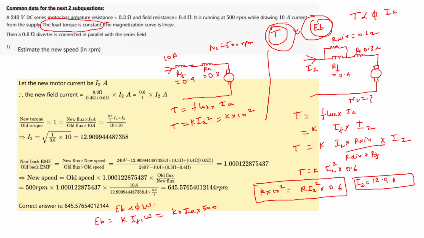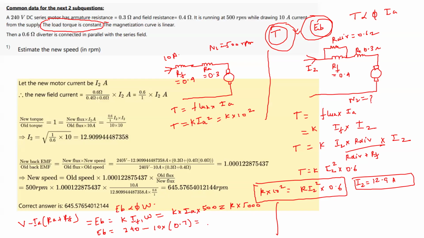Now this is K into IA into 500, so this is K into 5000. Now what is EB for this case? EB is V minus IA into RA plus RF. So EB is 240 minus IA, which is 10, into RA plus RF, which is 0.7.